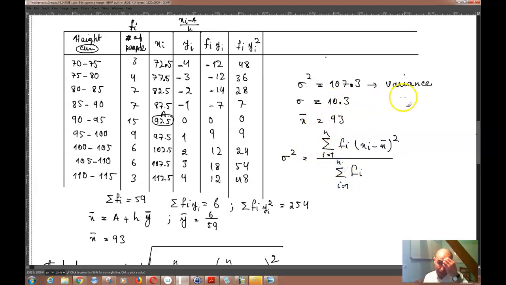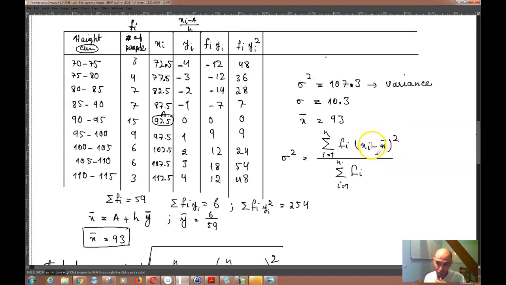So what that means is that this variance is the distance of each and every one of your observations x of i from the x bar, which in this case happens to be 93.